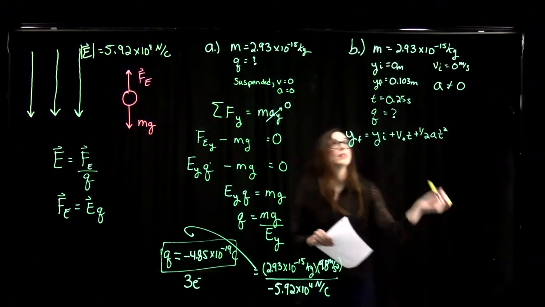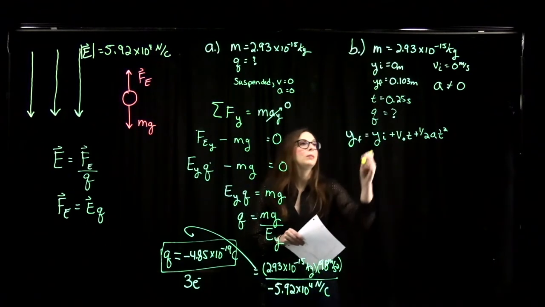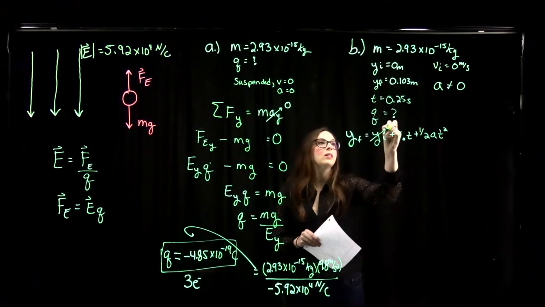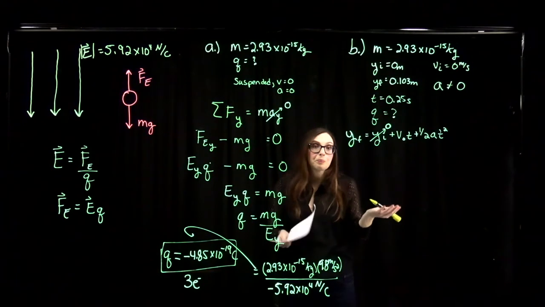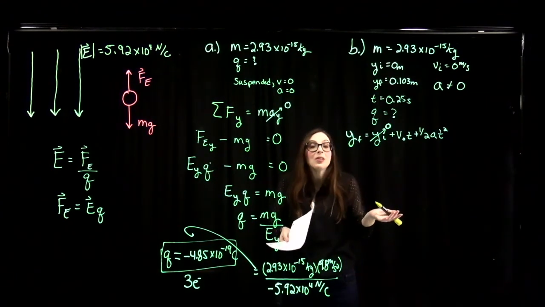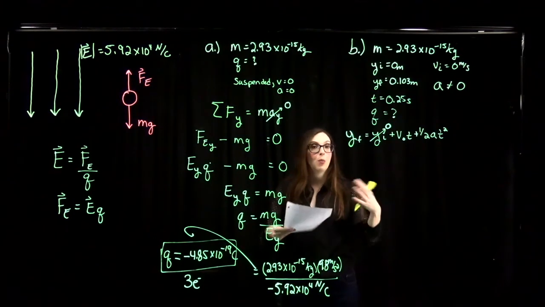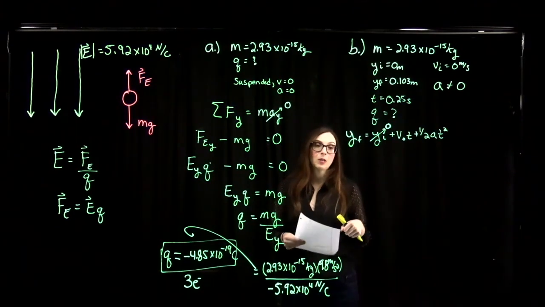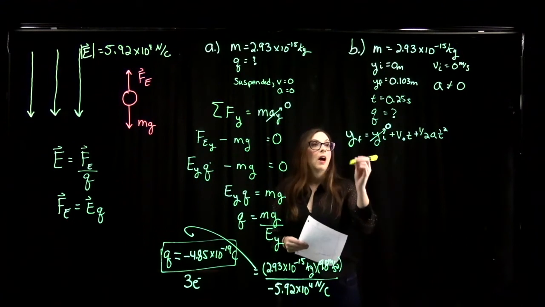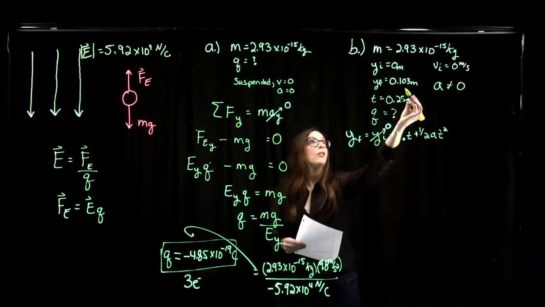Now we set our initial y position to be 0. You can always set your y equal to 0 position wherever you want, but it makes sense to just say y is equal to 0 where we're starting to track this particle or this mass. Our final y position we have right here.